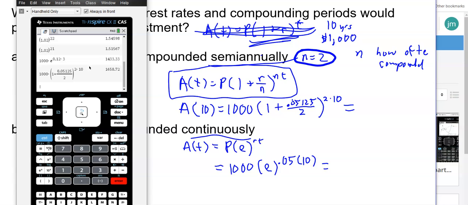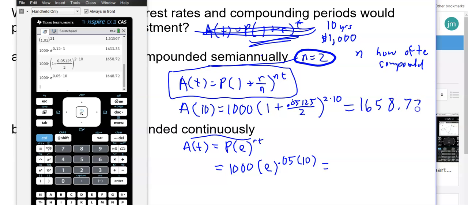Let's do the other one as well over here, 1,000 times e to the power of, so hit this key, 0.05 times 10. Okay, so this one we got $1,658.72. This one we got $1,600, but only 48 instead of 58.72. That's it.